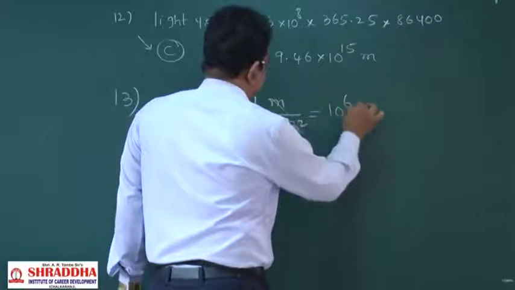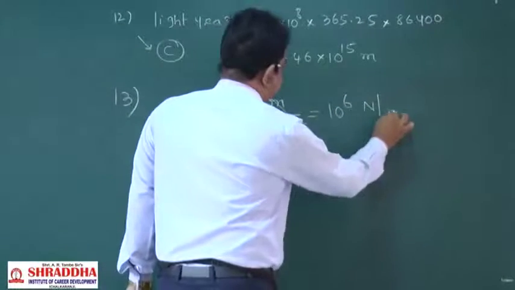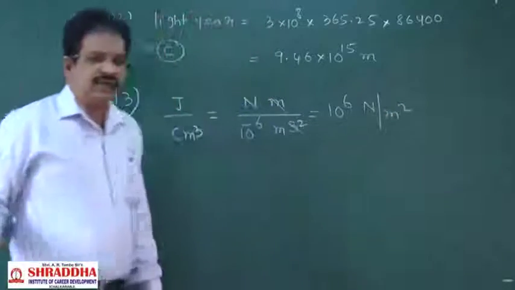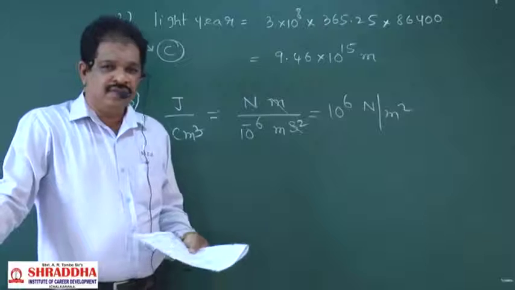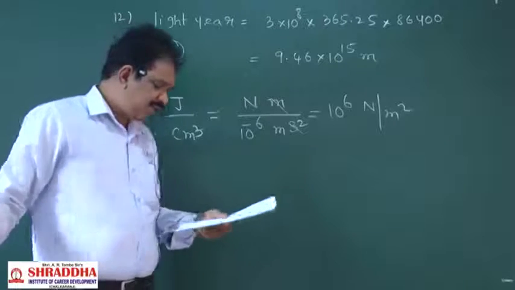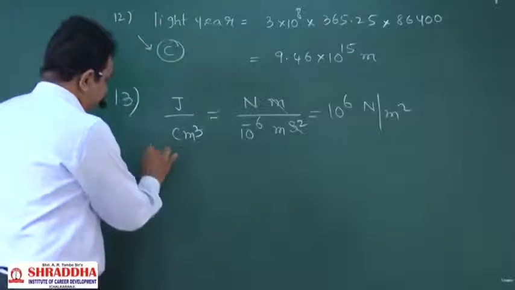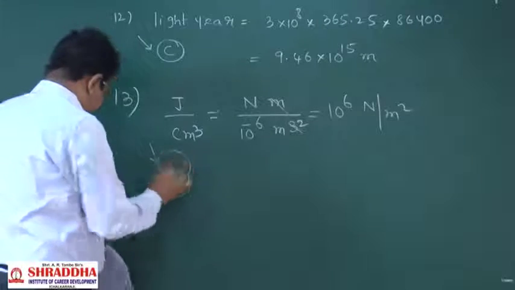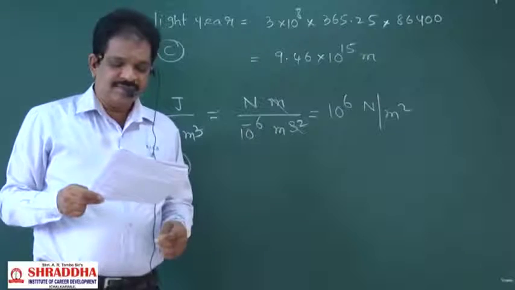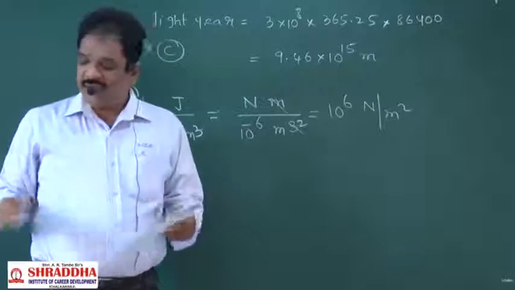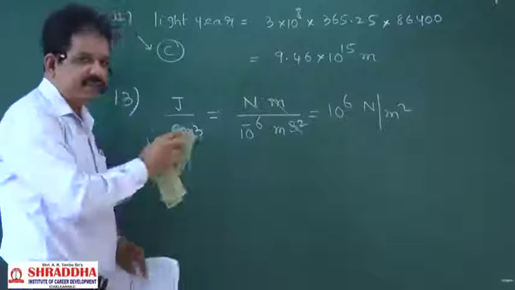This is 10 power 6 Newton per meter square. Newton per meter square is the unit of pressure. So pressure will be the answer for this. 13th, the answer is C. Clear? Next. 14th, what are they asking?